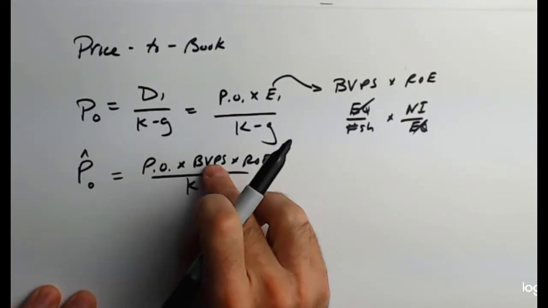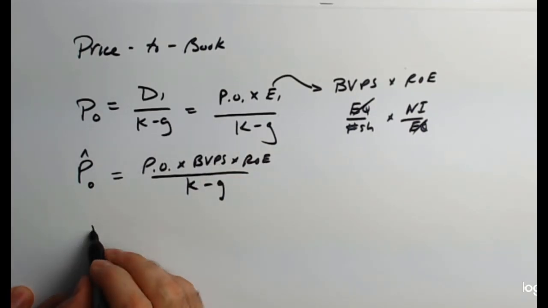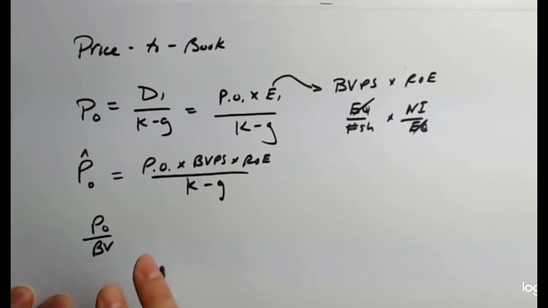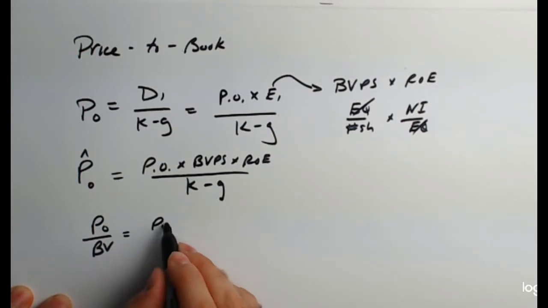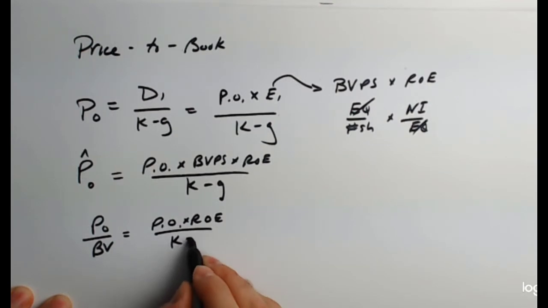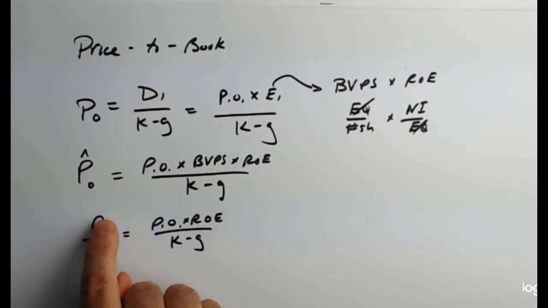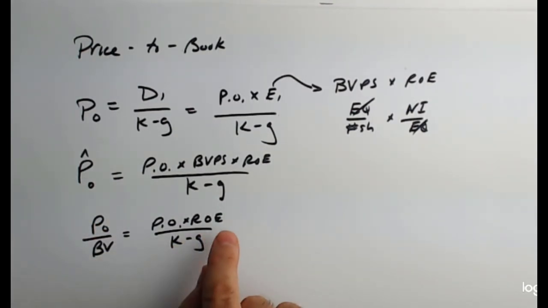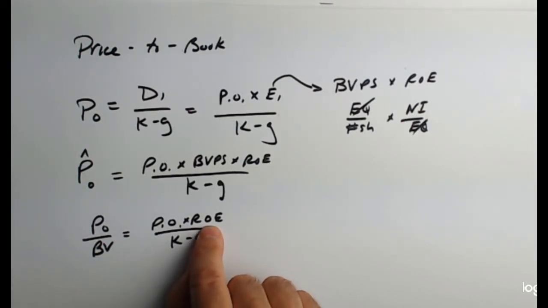Divide both sides by book value per share. Most people just call it BV, and it's assumed that it's on a per share basis because the stock price is always on a per share basis. So we just write it out here. And again, we have price to book relative to fundamentals of the company. In this case, the fundamentals of the company specifically here are return on equity, besides the K and the G.